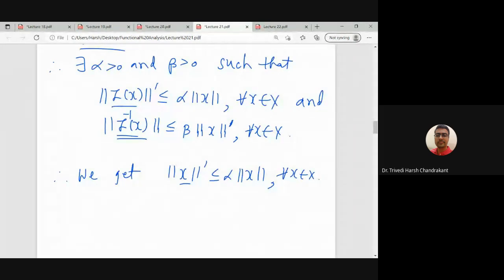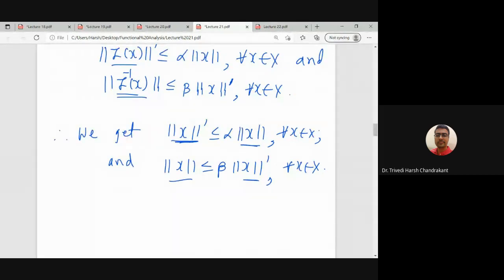So therefore we get norm of x is less than or equal to beta times norm x dash. So whenever such an alpha and beta exist, such that the first norm we can compare with the other norm, and the other norm we can compare with the first norm, in that case we say that these two norms are equivalent.